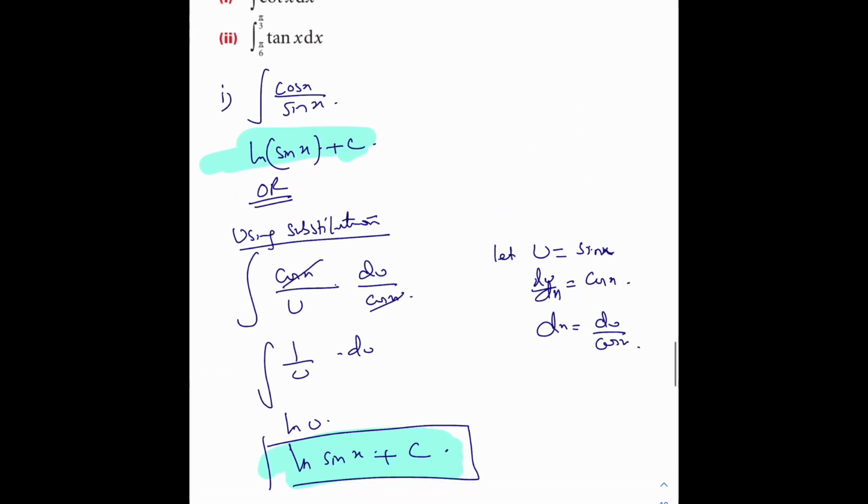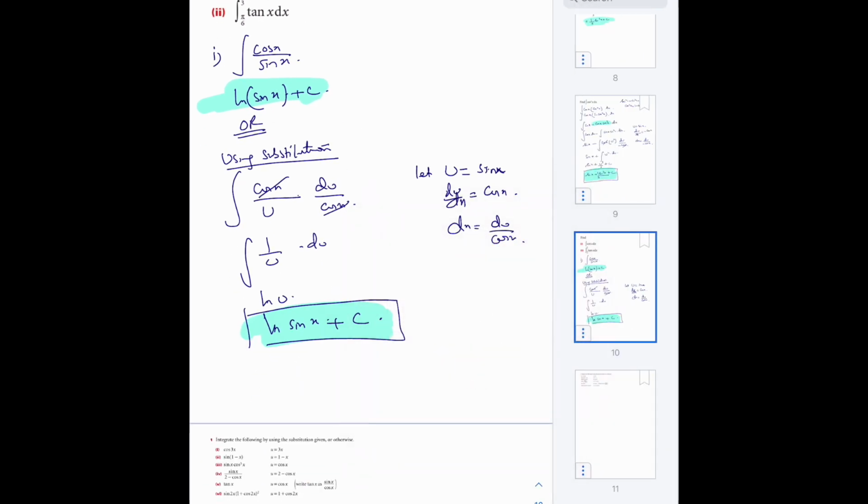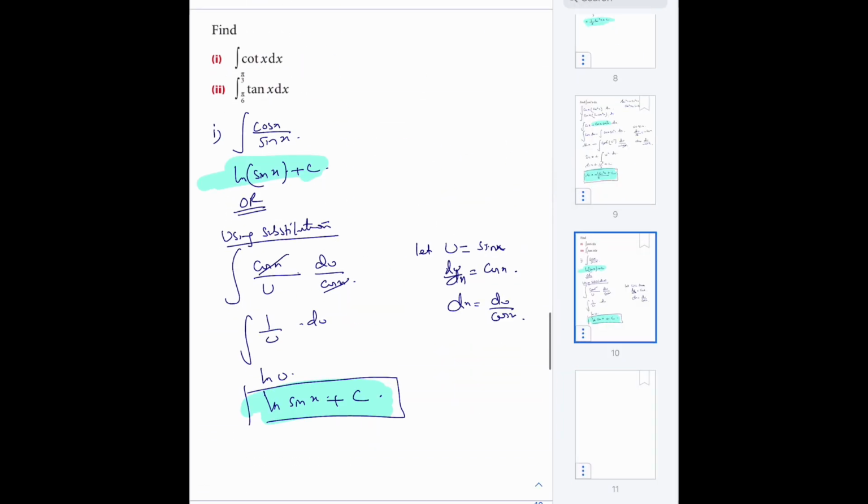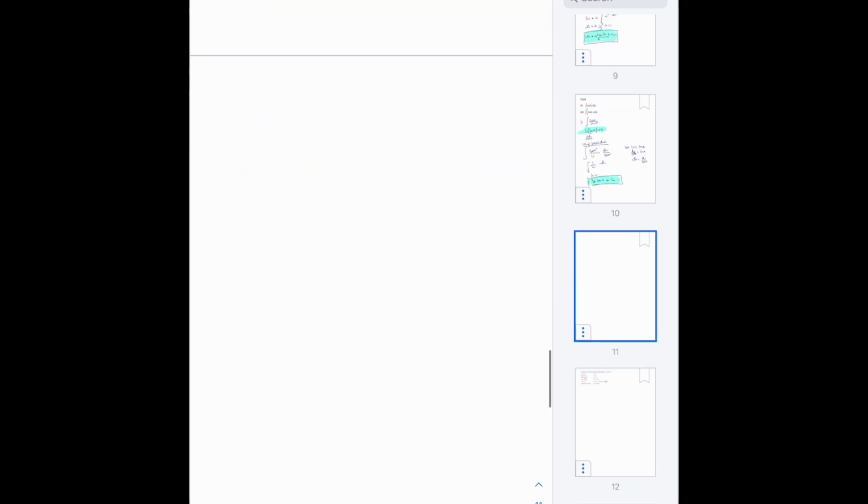Okay, for this part where I have to find the integral of tan of x, let's do this as well. I'm supposed to integrate this.